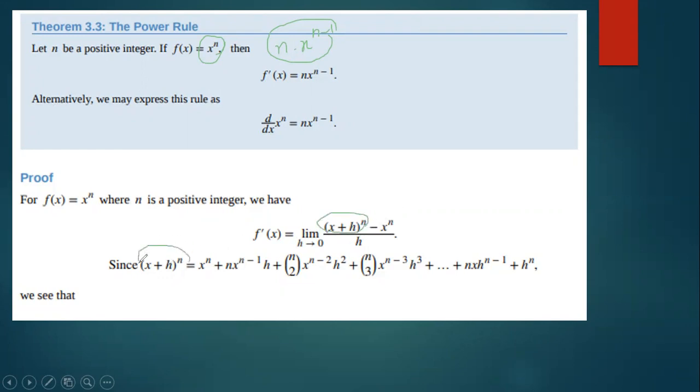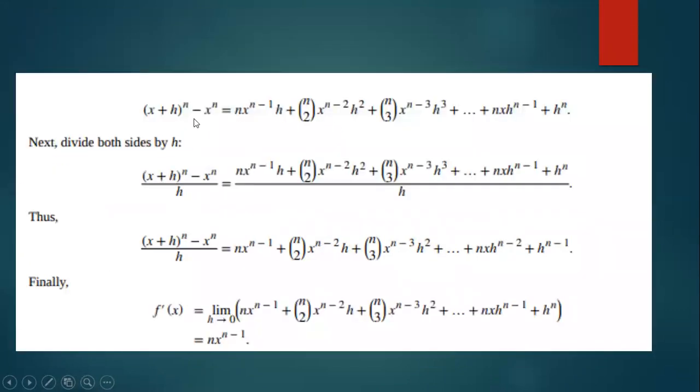Now this (x plus h) to the n will be solved using the binomial theorem, which is used where the value of n is greater than 3 or 4. Where there is no direct formula, we use the binomial theorem to find the values.